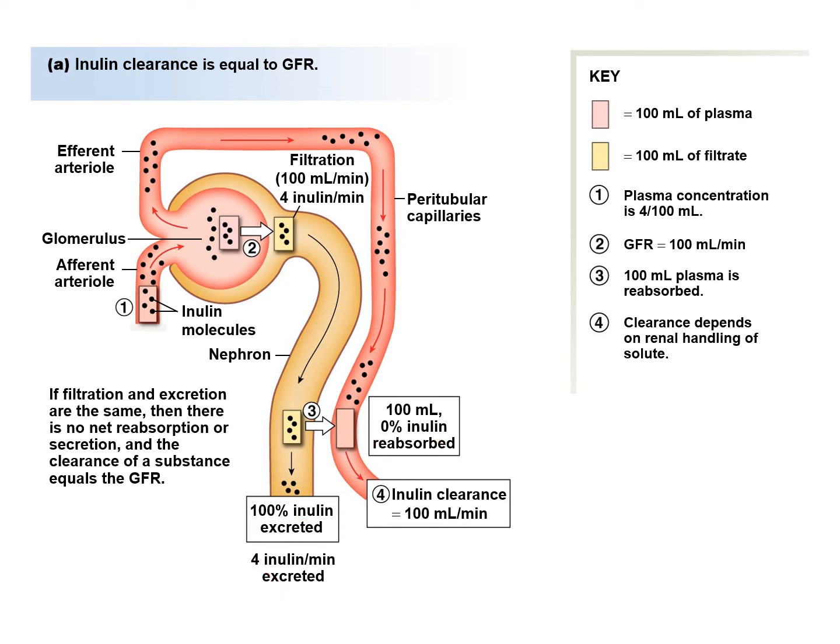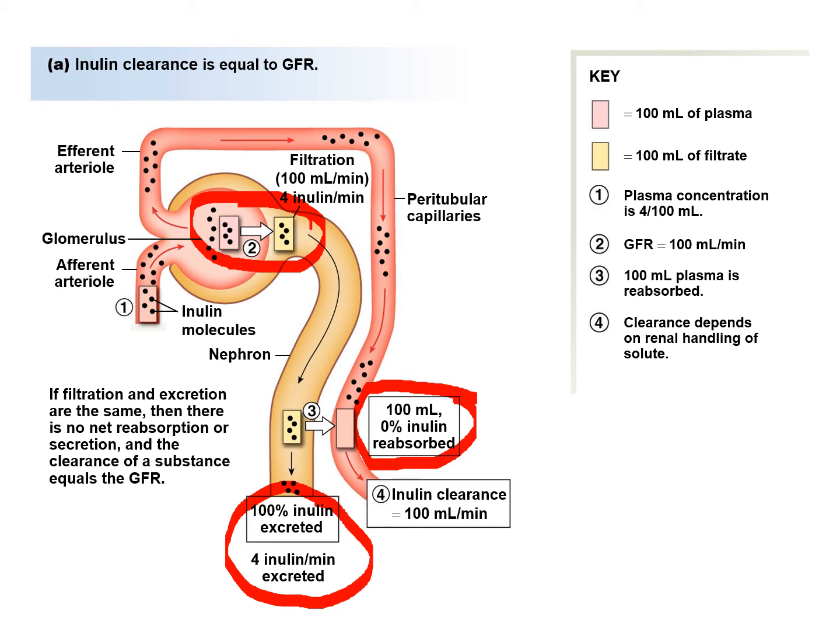Well, what happens if something like inulin has zero reabsorption and zero secretion? If reabsorption is zero, if secretion is zero, then whatever we filter up here, we must excrete down here. So if we have something we know is neither secreted nor reabsorbed, then we can calculate GFR based on excretion, because excretion must equal filtration.